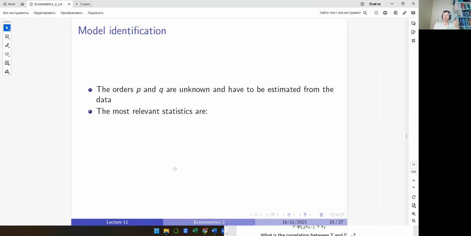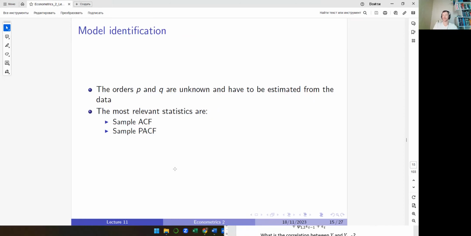And the most relevant statistics for this are sample ACF and sample PACF. The distinction between sample ACF and just ACF is the same as the distinction between population parameters and estimators. Population parameters are constant, unknown, theoretically established. Sample values are taken from samples, right?